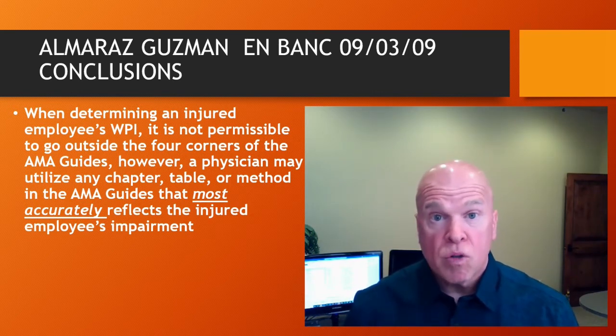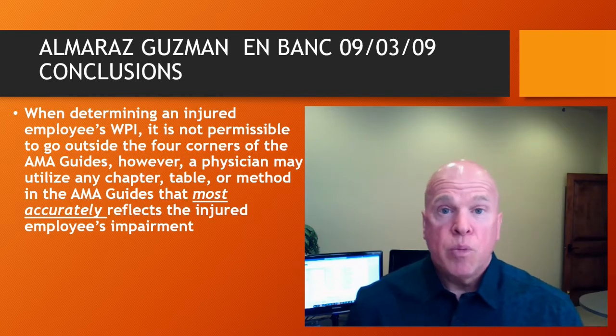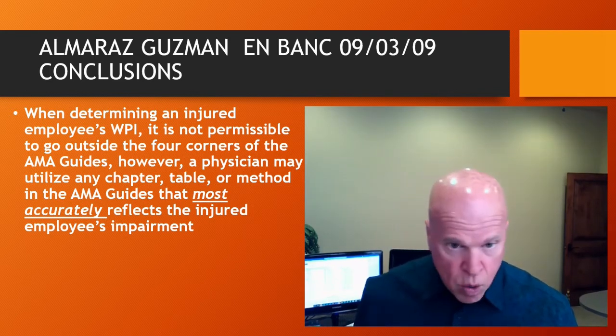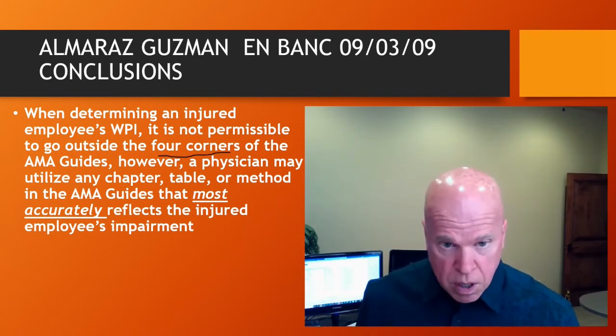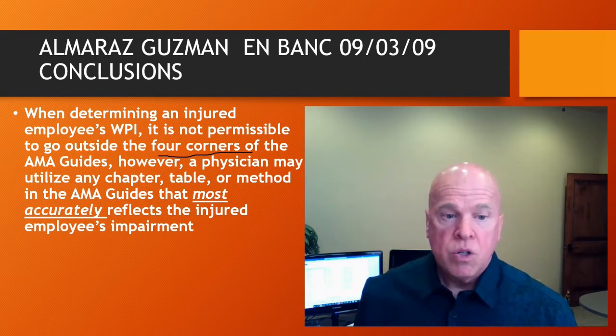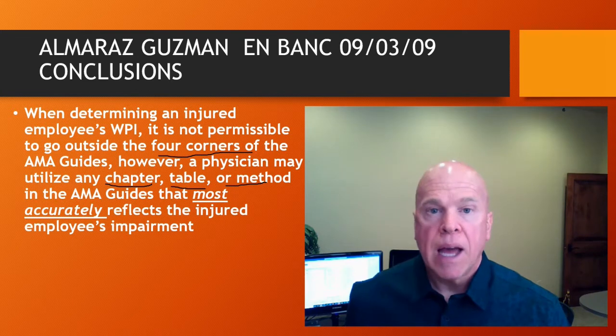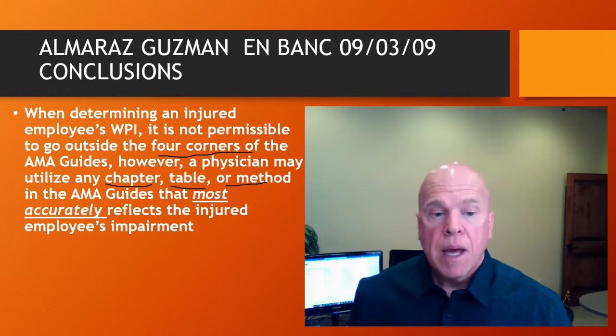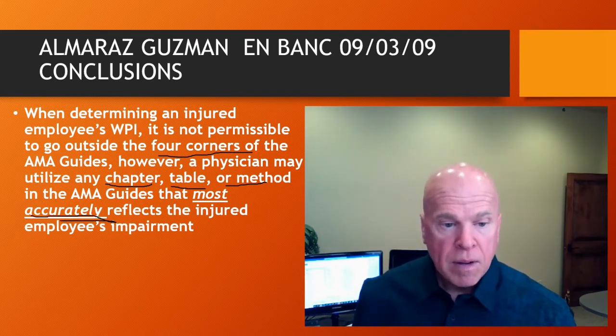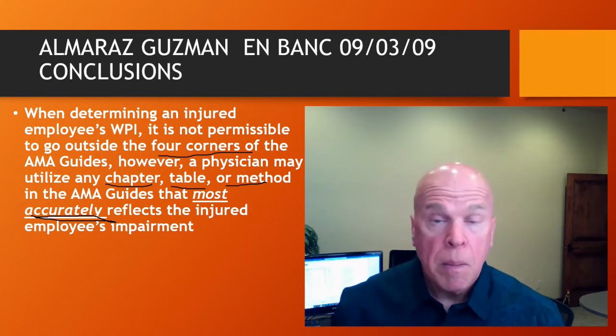So this creates a tremendous opportunity for you to be creative in going through the four corners of the AMA guides using any chapter, any table, or any method in the AMA guides that you can find that most accurately reflects the injured employee's impairment.